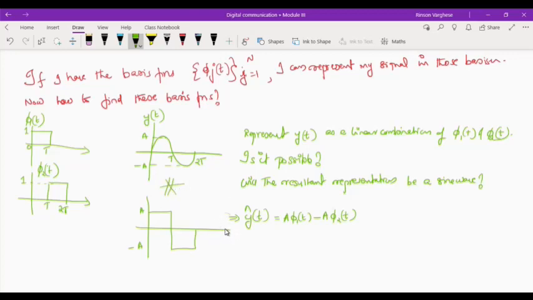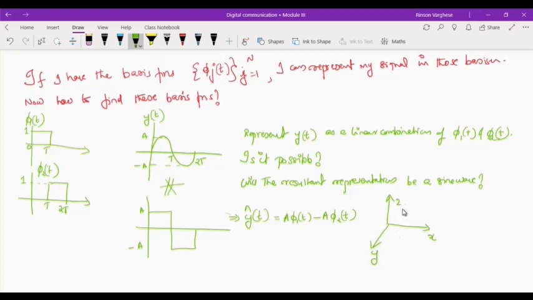Why is it so? Because this signal does not fall in the space represented by these two basis functions. So if a signal does not fall in the space, you cannot represent that signal. For example, suppose you take the Cartesian space. You have x, y and z.